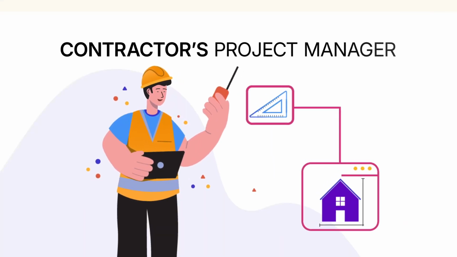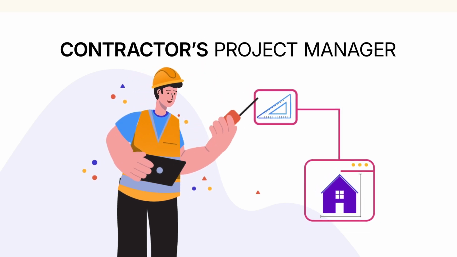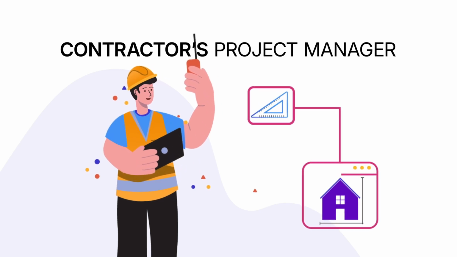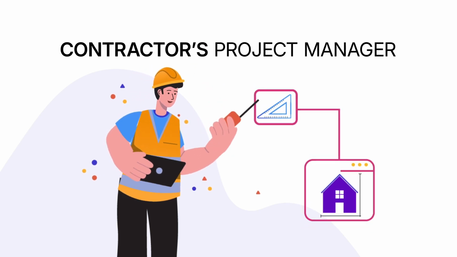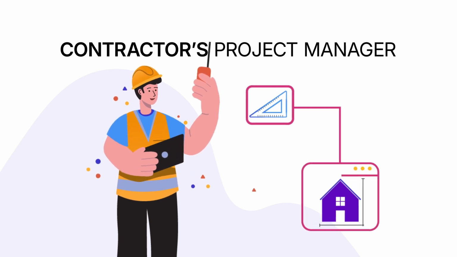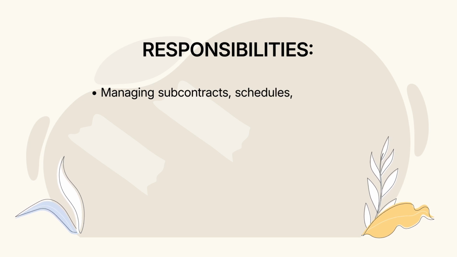Another role player that can be used in a project is the contractor's project manager. This person is like the quarterback of the contractor's team. They lead the effort to make sure the project is built as planned. Their main responsibility is to manage the subcontracts, schedules, and budgets.